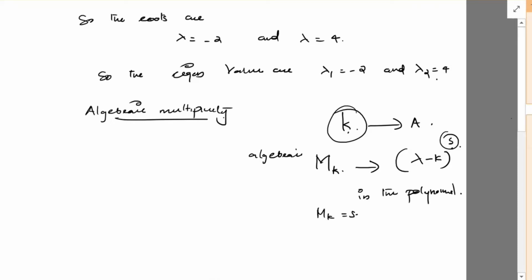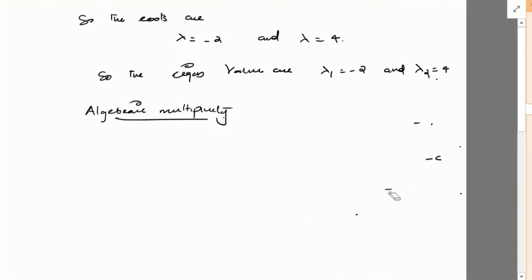In this example, there are two eigenvalues, namely minus 2 and 4. So we can find the algebraic multiplicity corresponding to minus 2, and also corresponding to 4. The algebraic multiplicity corresponding to minus 2, denoted by m minus 2, will be what?